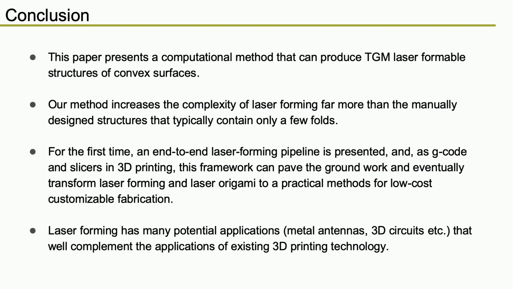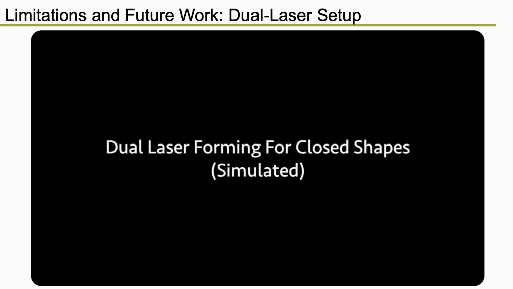For the first time, an end-to-end laser forming pipeline is presented, and as G-code and slicers in 3D printing, this framework can pave the groundwork for eventually transforming laser forming and laser origami into a practical method for low-cost, customizable fabrication. Laser origami has many potential applications such as metal antennas, as shown in this work, 3D circuits, etc., that will complement the applications of existing 3D printing technology.